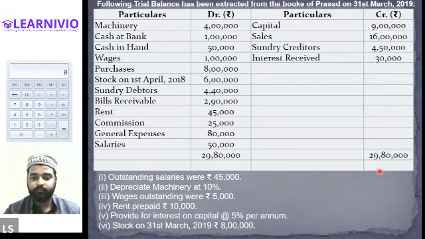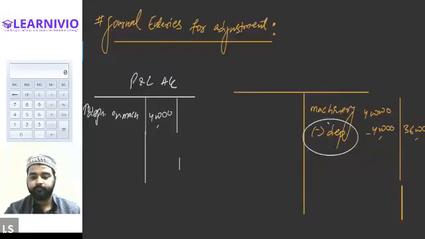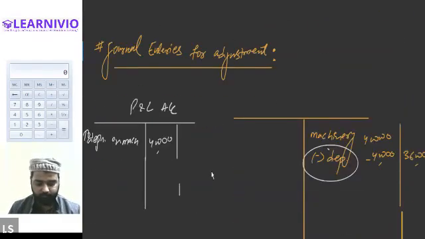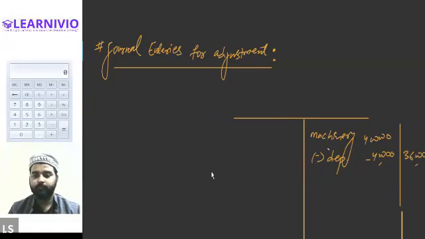So first of all, the journal entry for the outstanding salary will be, anyone? Journal entry for the outstanding salary of 45,000 will be, tell me.